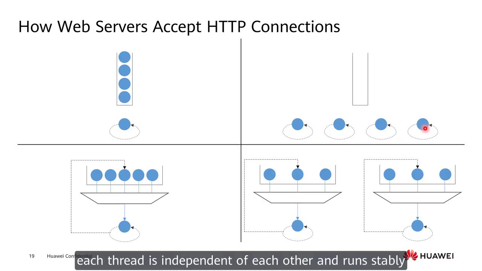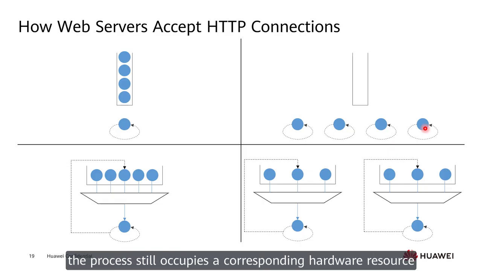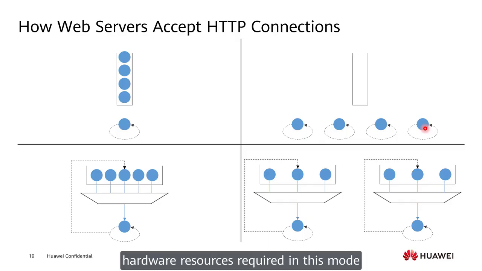In addition, each process is independent of the others and runs stably. However, if there is no request to process, the process still occupies the corresponding hardware resources. Therefore, the hardware resources required in this mode also need to be increased.